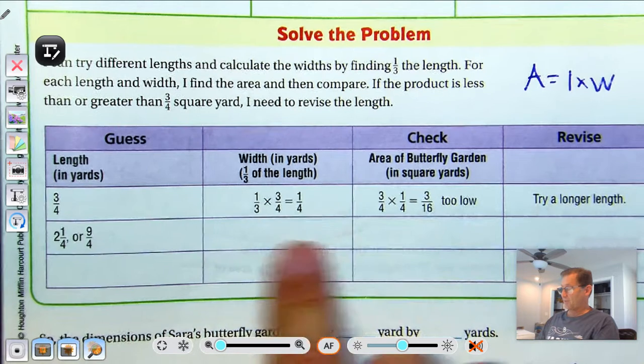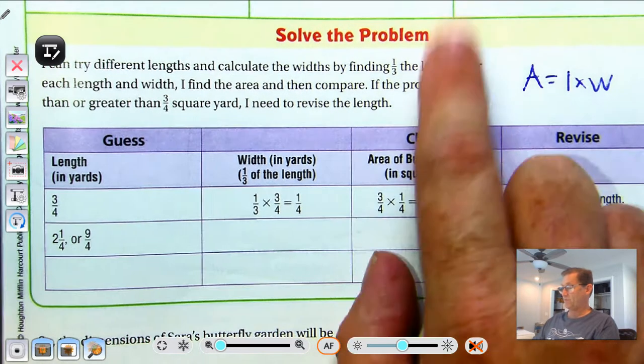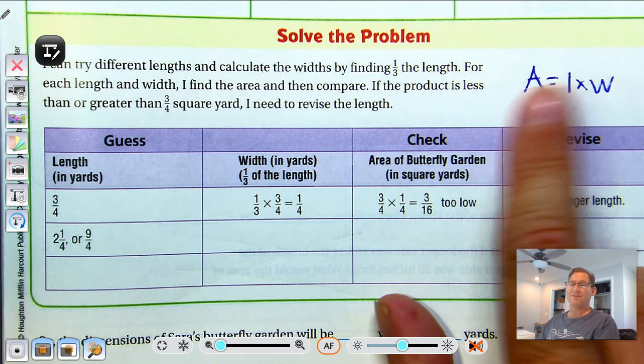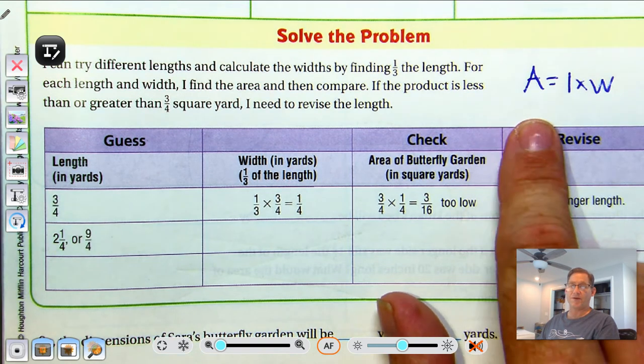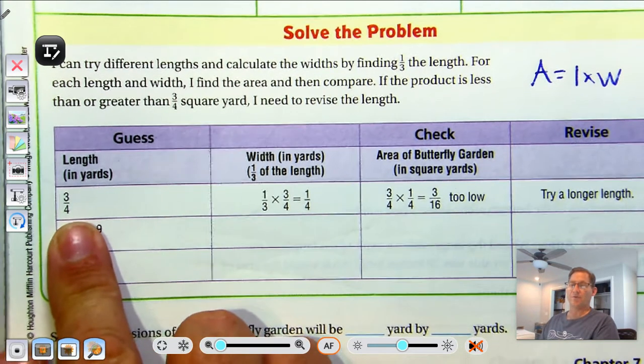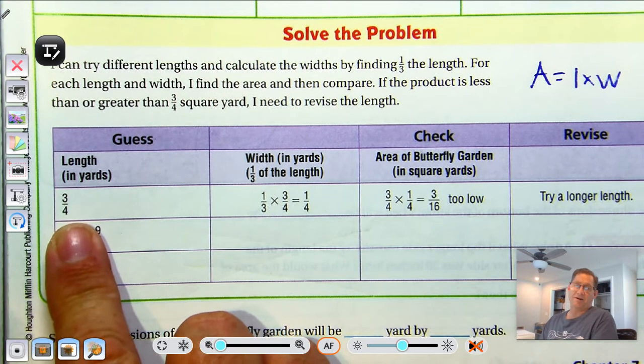We know that the area in this problem is 3/4, so the two factors have to be multiplied to get 3/4. So they're saying, okay, let's just guess 3/4. The area has to be 3/4.